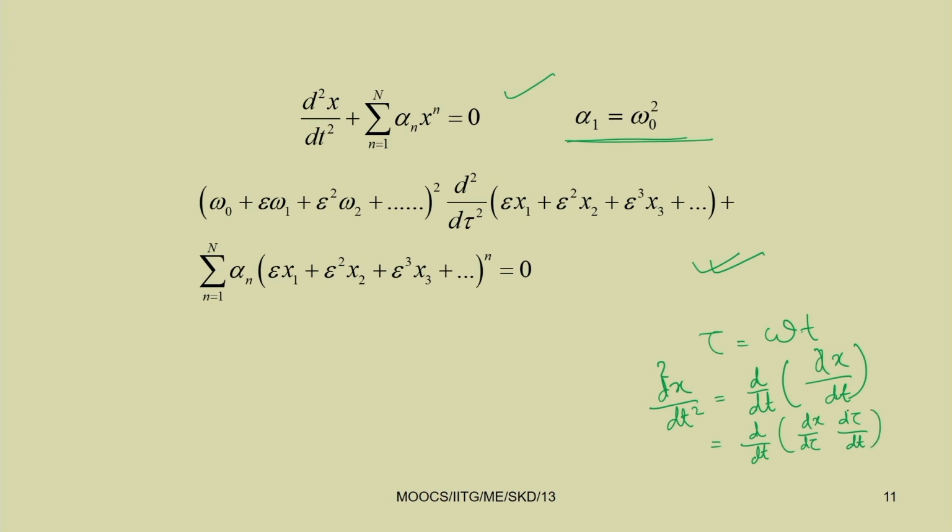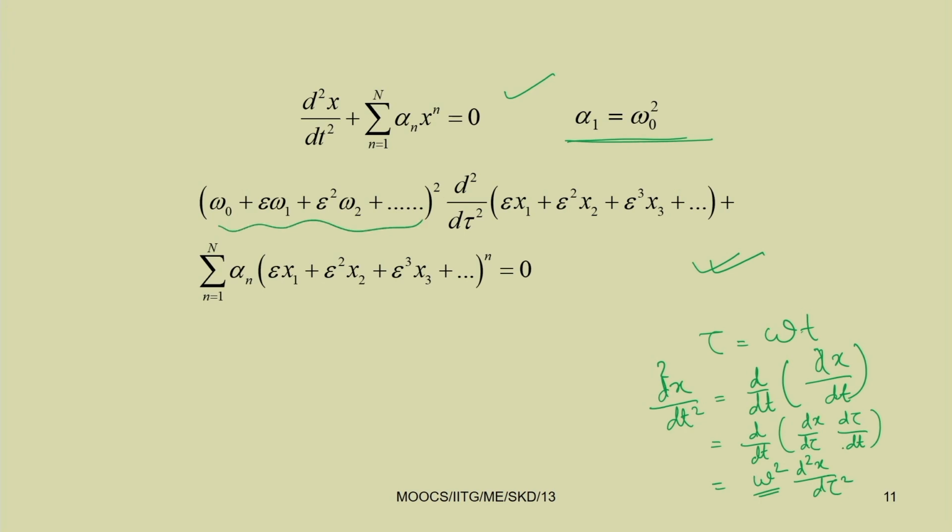This way this term is omega, and if you do it again, then omega square. So, this will come to omega square d square x by d tau square, so this omega square term will be multiplied, which is written here.